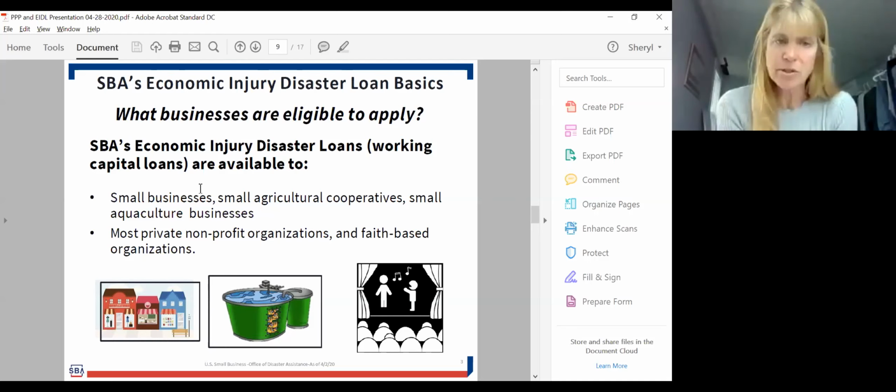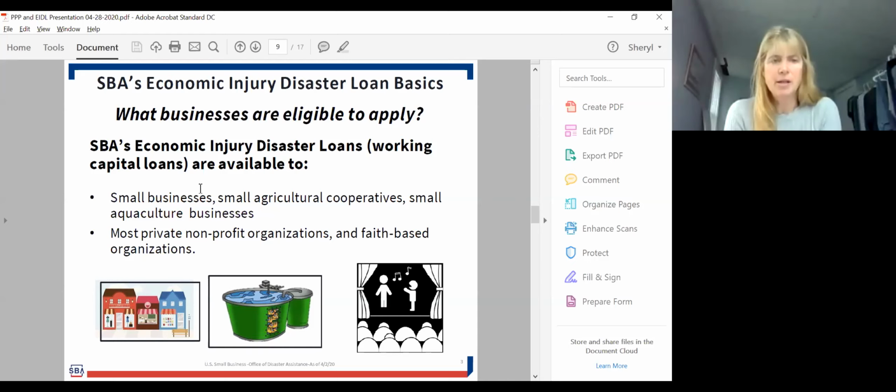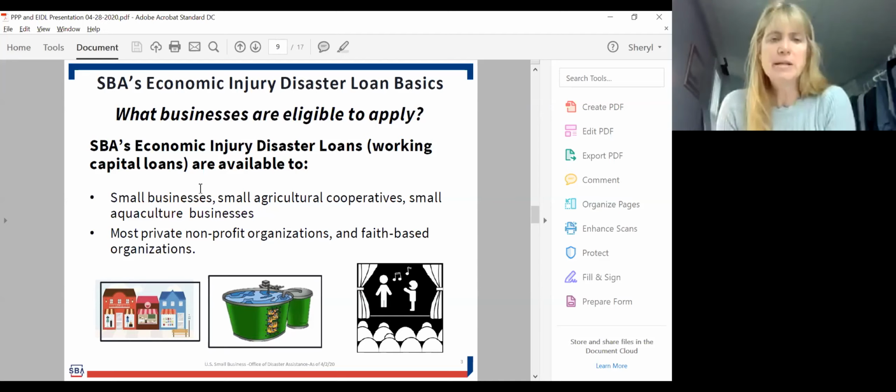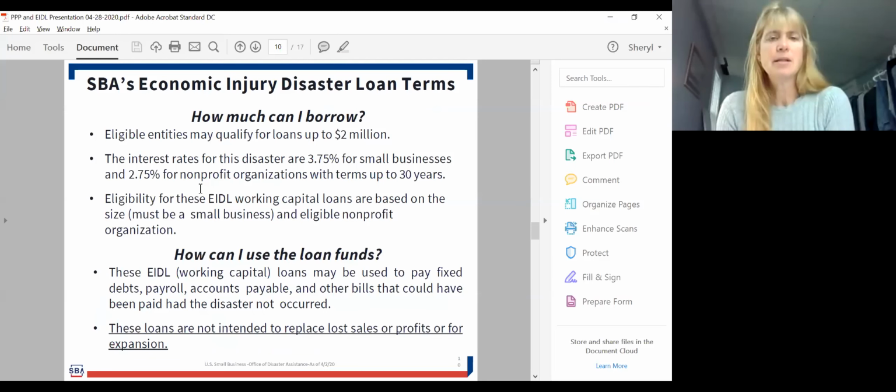And as a result, they are not eligible under SBA standards to apply for this PPP. So I've been getting a lot of questions on the word cooperative, and you need to put agricultural in front of it for it to qualify for a small business, either PPP or economic injury. Let's see. How much can you borrow for the economic injury? Up to $2 million.